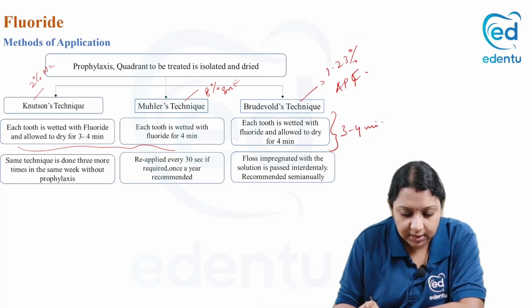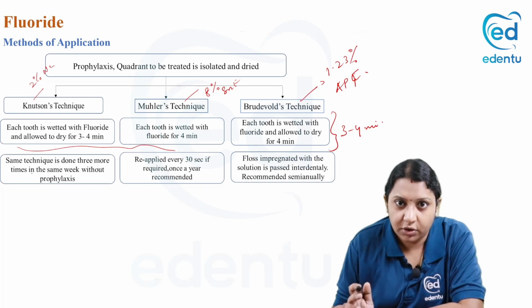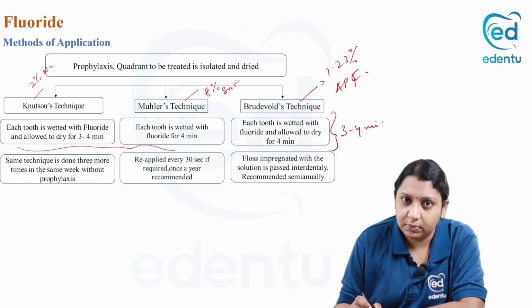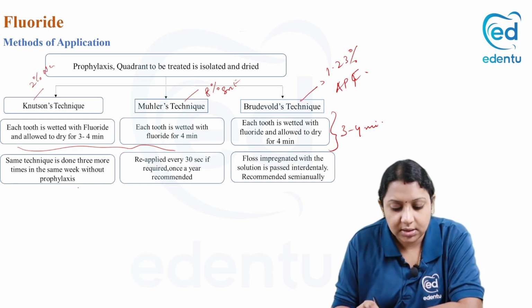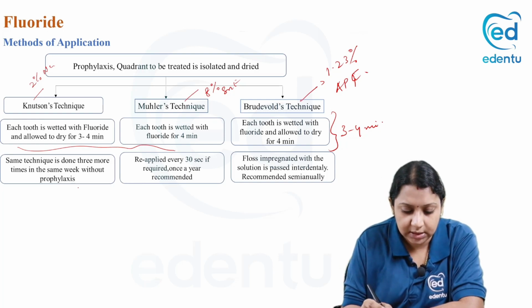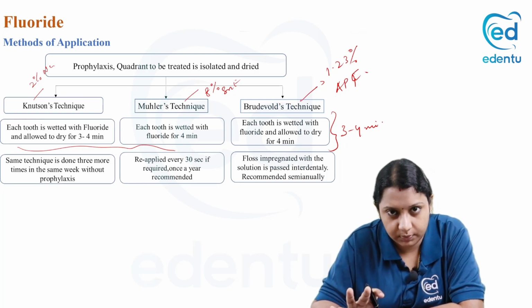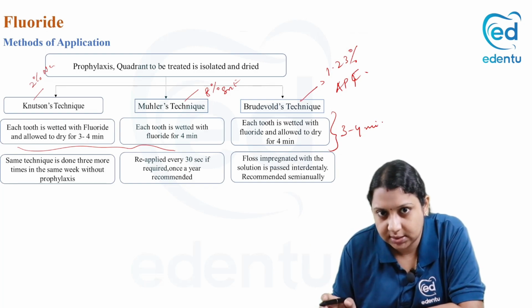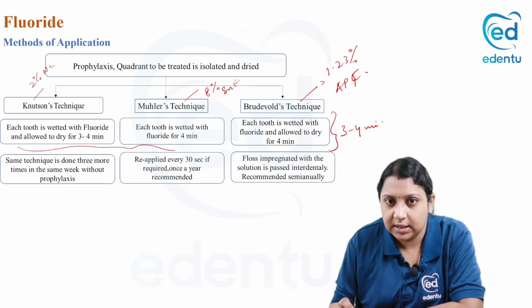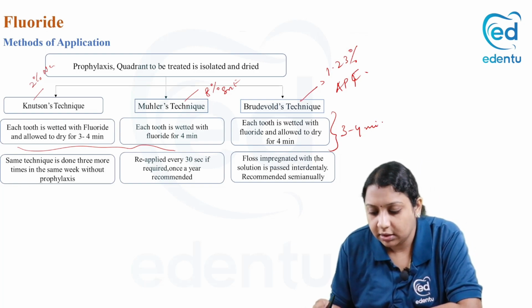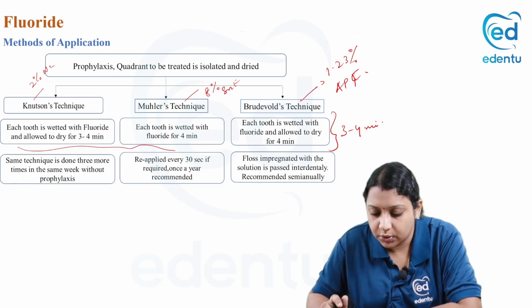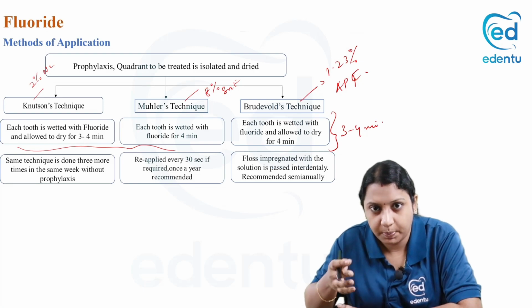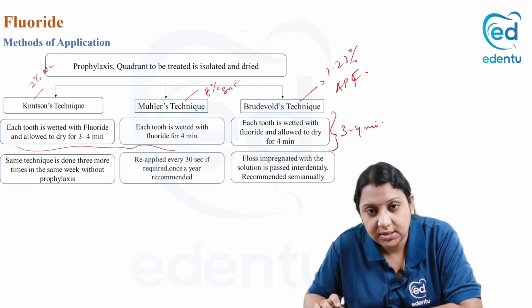Then the next procedure for 2% sodium fluoride is that it is done 3 times in the same week. In the other one, it is reapplied every 30 seconds, with a once a year recommendation. And here the floss is impregnated so that there is more penetration, and it is also passed interdentally.